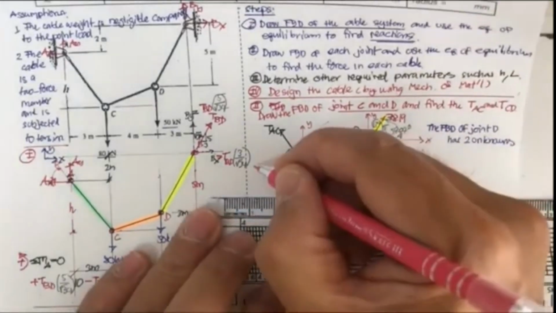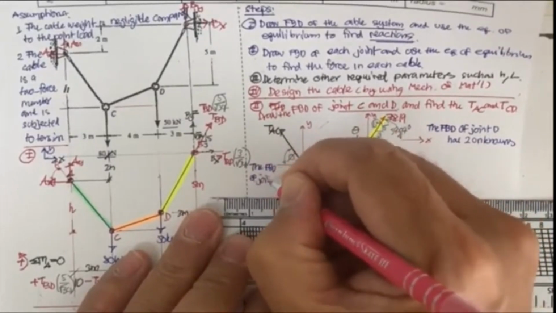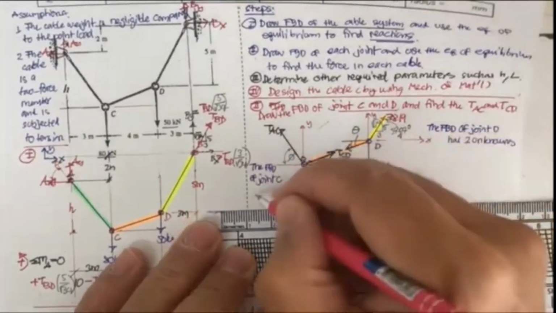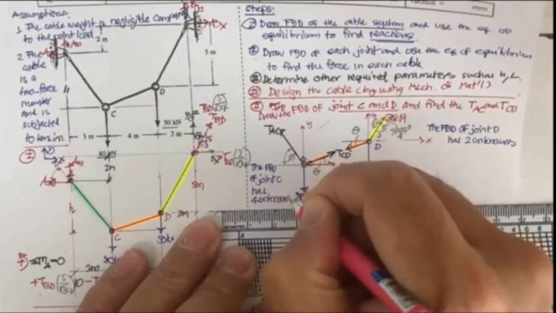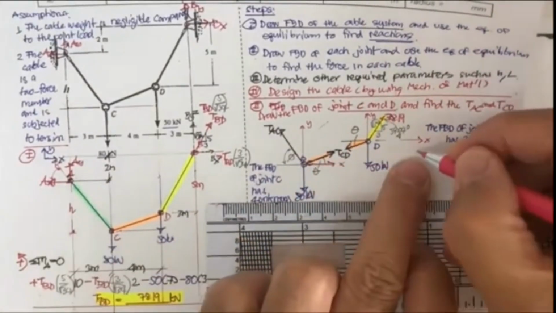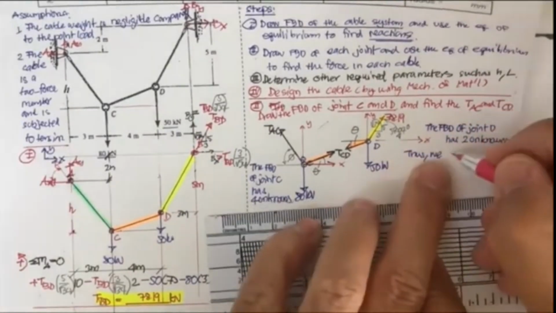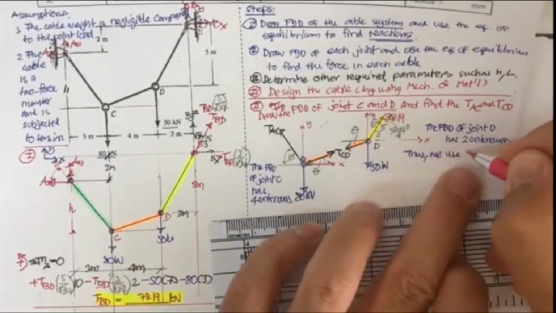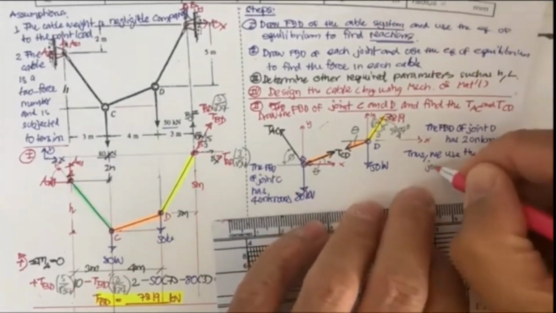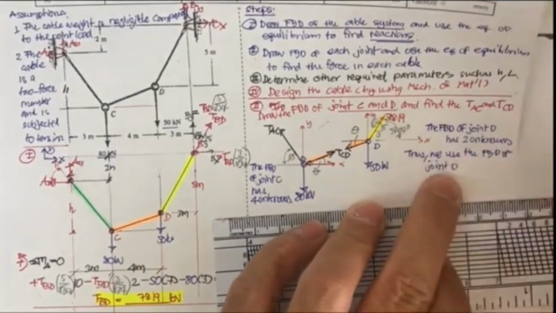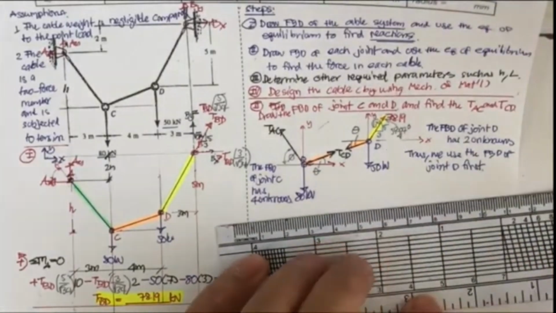However, the free body diagram of joint C has 4 unknowns. So thus we use the free body diagram of joint D first. Okay, we start by using this.